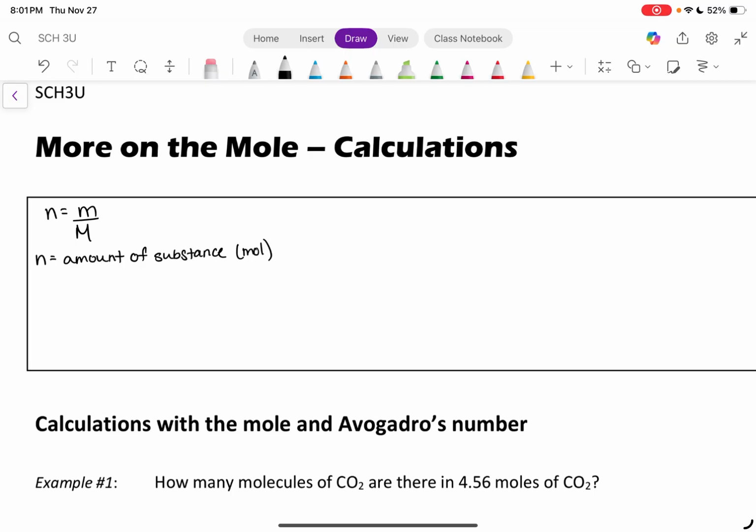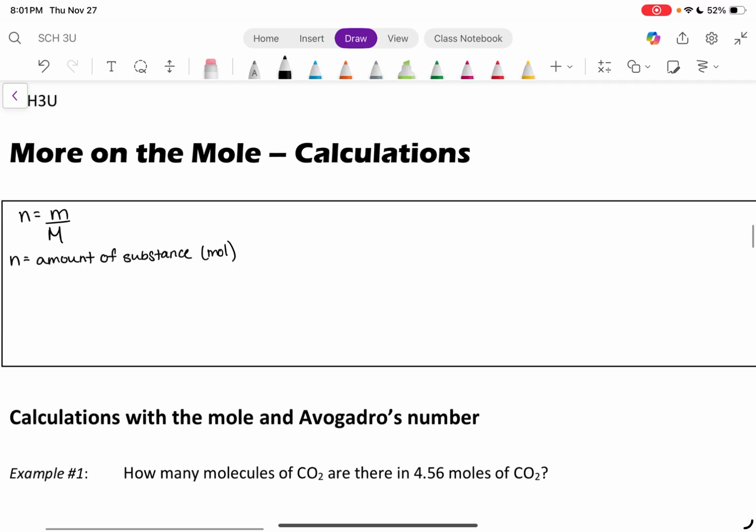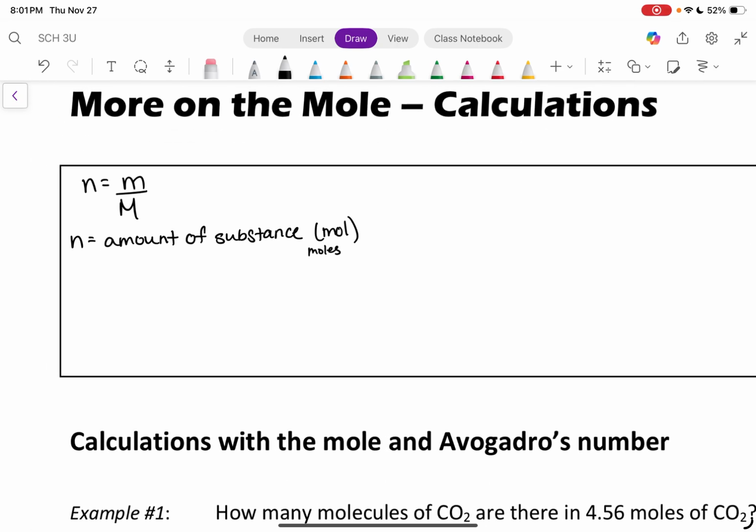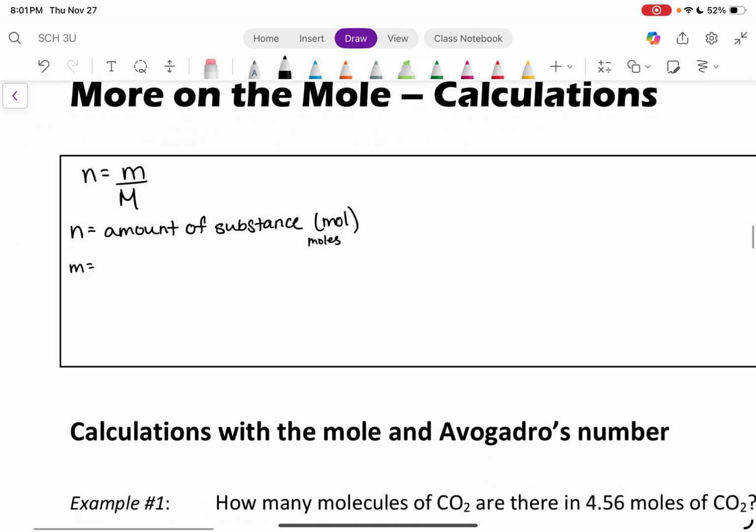When you're writing it down as a unit, kind of like how you write km for kilometer, the word is really written as moles, but you're always going to write it as mol. Then we have our little m, which is our mass, so how much of the substance we have in grams.